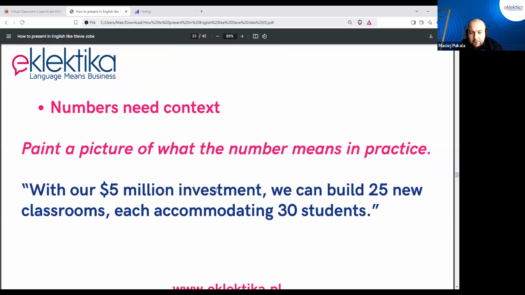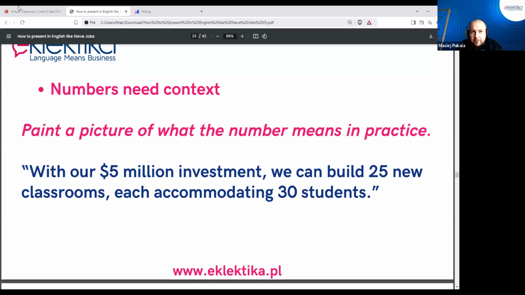Okay, numbers. We all love numbers, and numbers need context. So what does that number mean in practice? For example, with our 5 million investment, we can build 25 new classrooms, each accommodating 30 students. Okay, let me show you something because I actually wrote something on the board here.